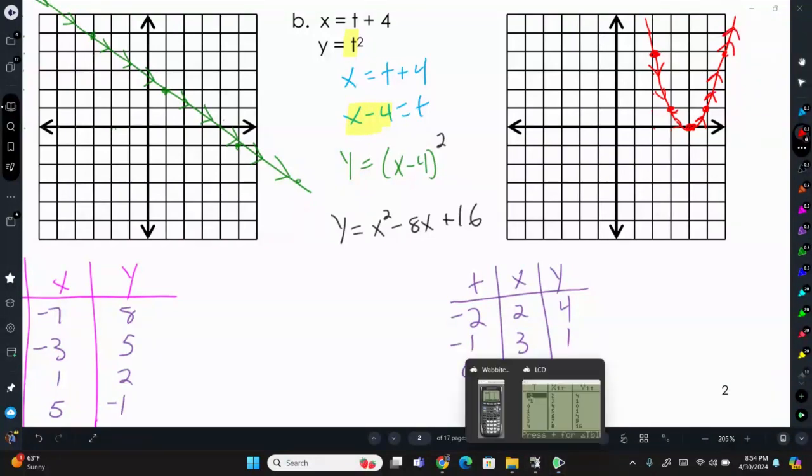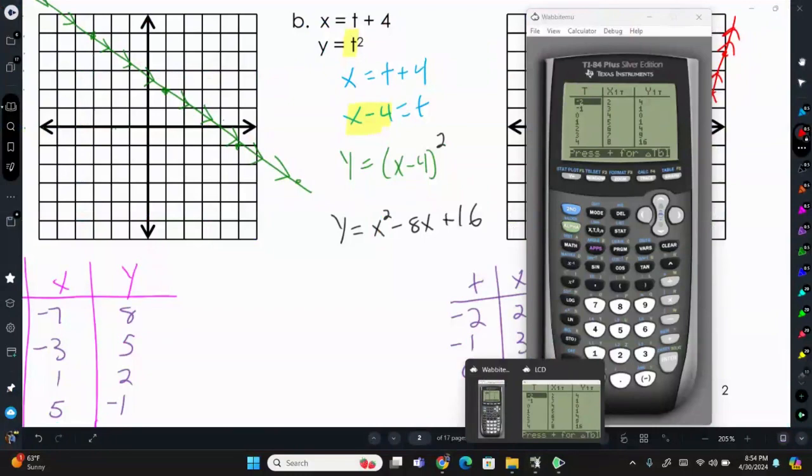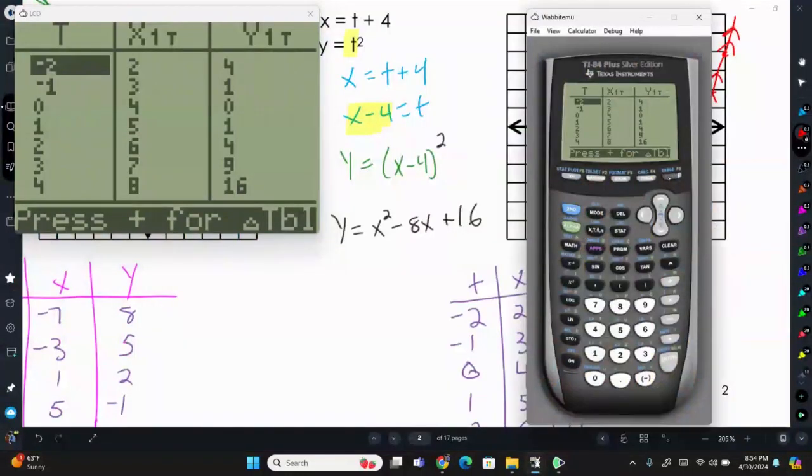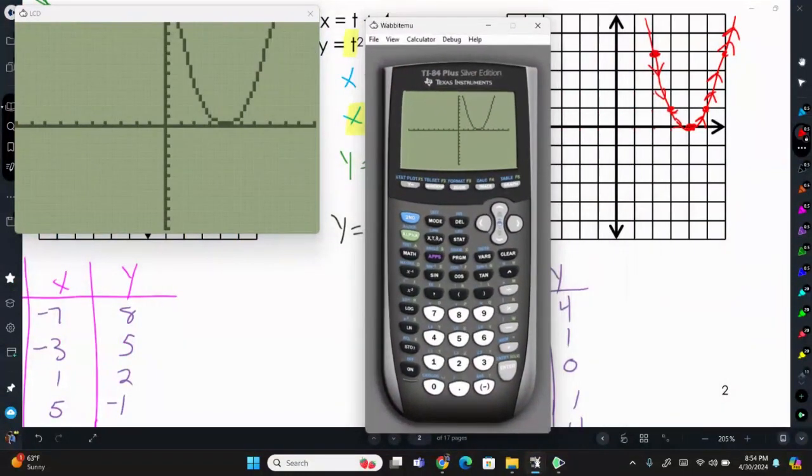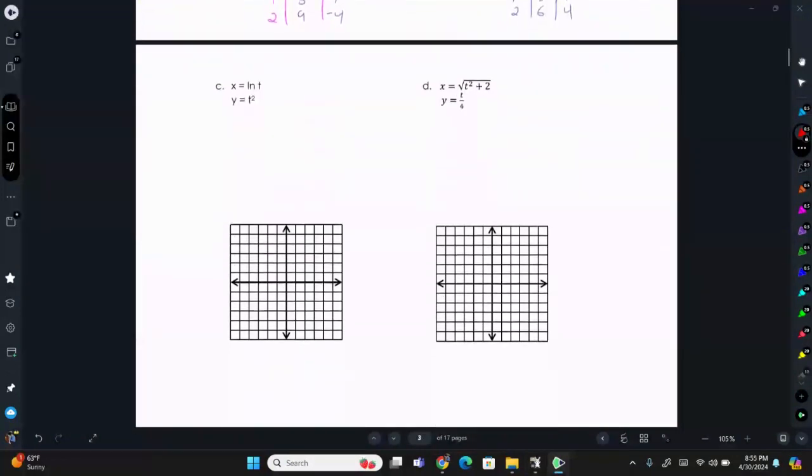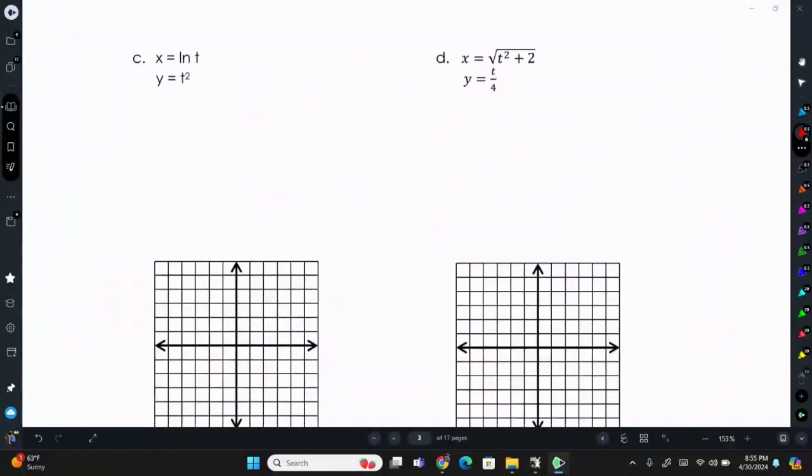And I don't know if you noticed that when we graphed this, it started from left to right. It may not always do that, but for this one it did, so that's why we have to draw the arrows.